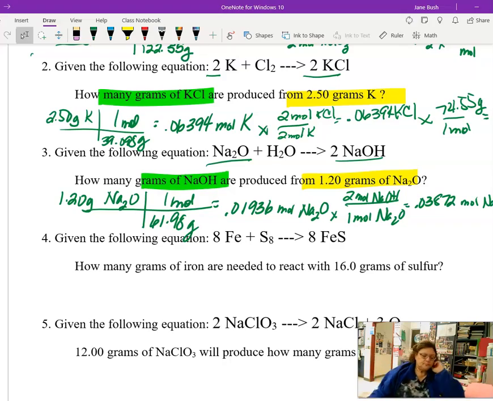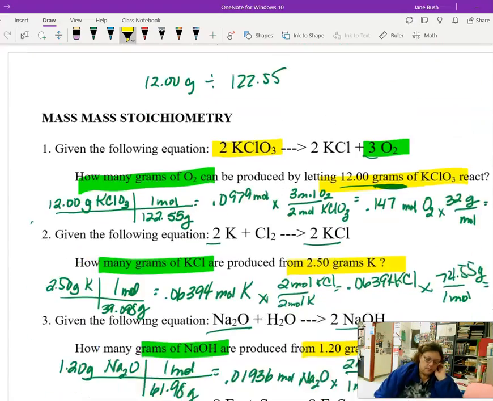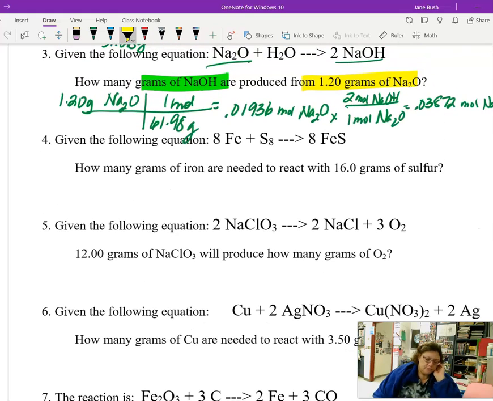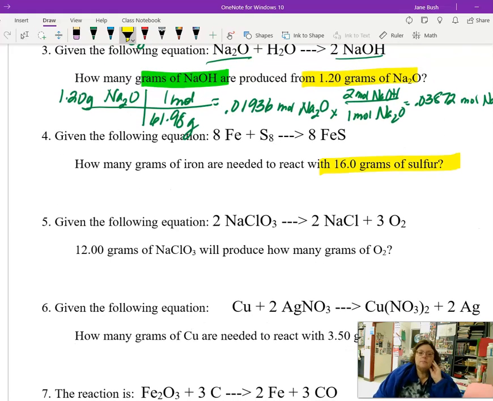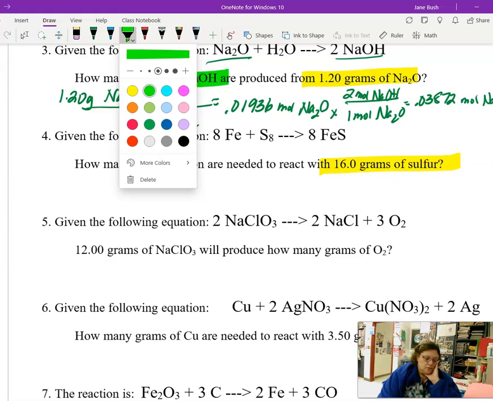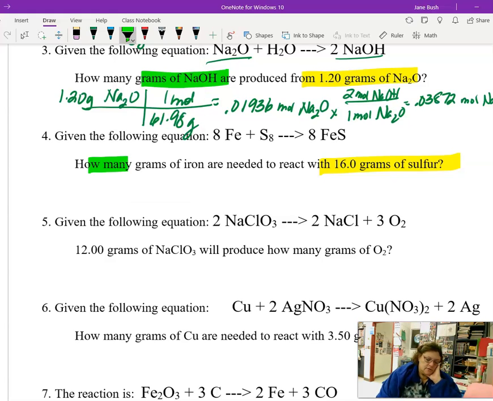Next one, what we know is 16 grams of sulfur. What we're solving for is grams of iron. So we're going to start with 16 grams of sulfur. Notice sulfur is a molecule of 8 sulfurs.